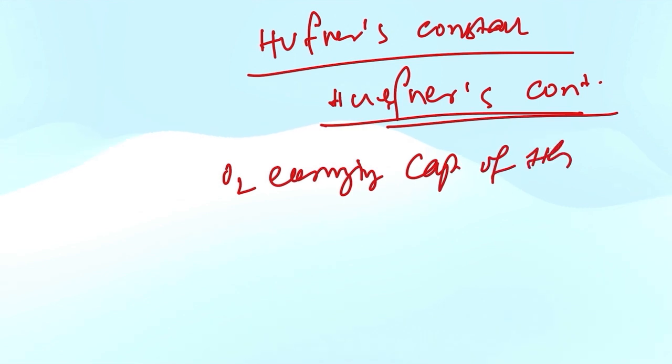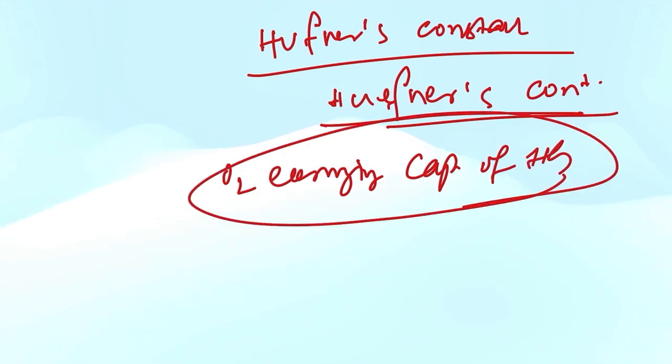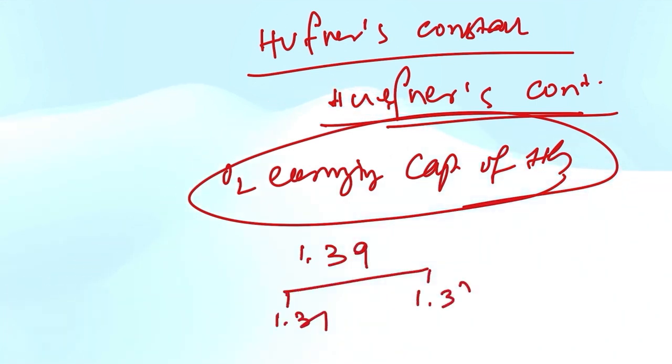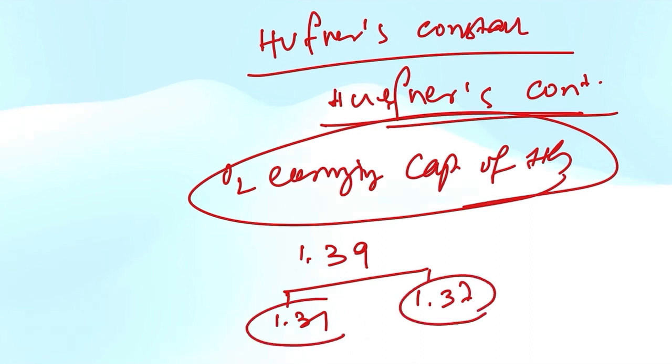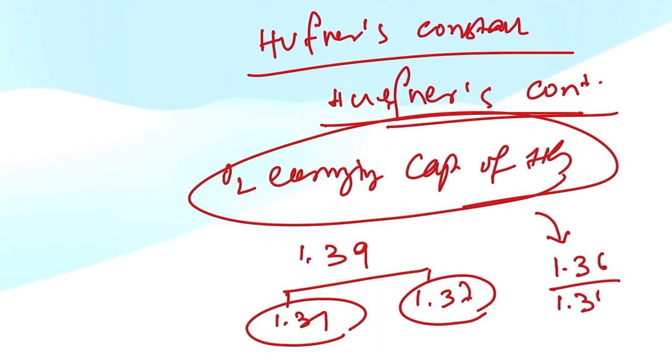Okay, and its theoretical value is around 1.39, but in experimental models we got the value to be 1.31 to 1.37 in some models. Okay, so for calculation purpose we take it as 1.36 or some take it as 1.34.